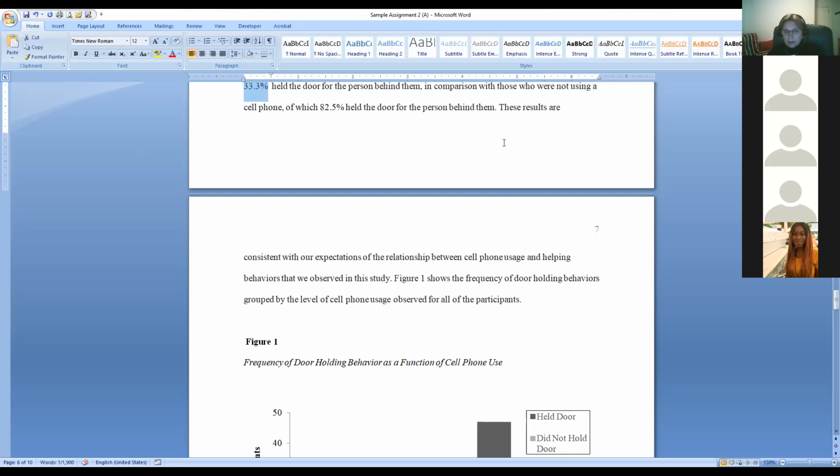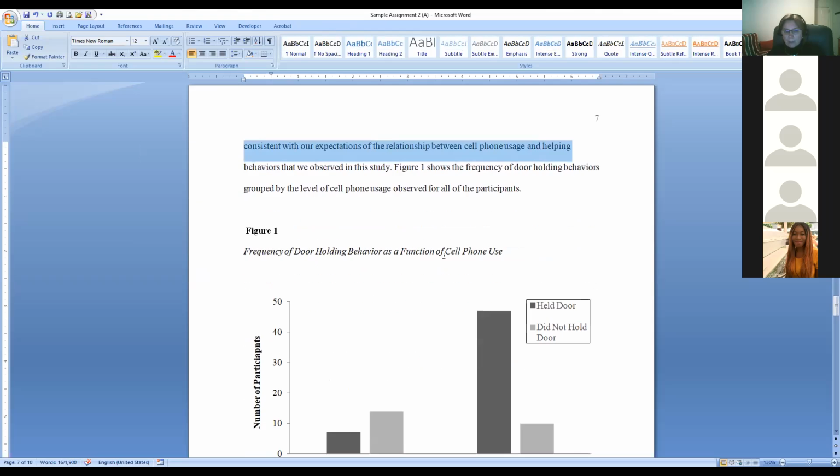Okay, so they say these results are consistent with our expectation, no relationship between cell phone use and helping behavior. And note that they refer to Figure 1, which is important. You have to send your reader to the figure. They don't know that the figure is there. Okay, so that's the descriptive statistics.